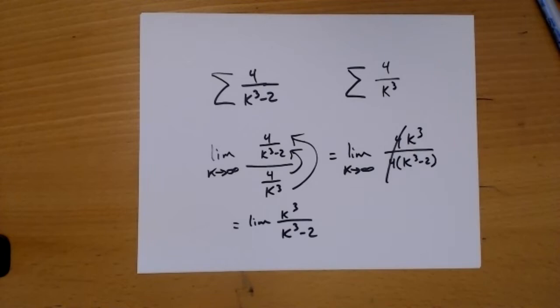It's pretty close to 1. If you've got $1 billion and I've got 999,999,998, you could have bragging rights, but basically we both have the same amount of money.